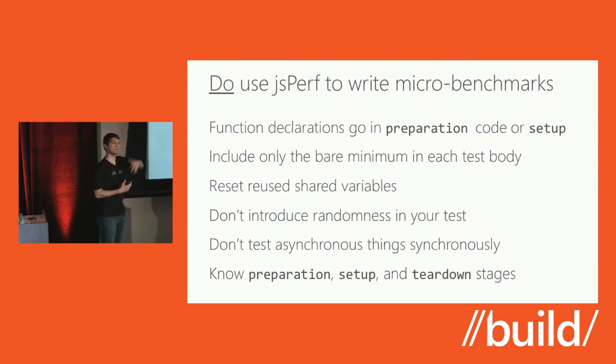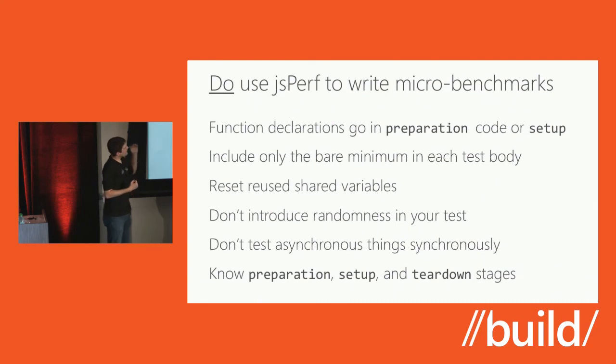Because those will get hoisted out anyways, and it just adds to confusion from other devs when they're viewing your snippets. Don't include more than the bare minimum in your test body, because outside factors like DOM access or even just property access on some DOM elements can cause reflows and things like that that will affect the performance of your benchmark and cloud the results.